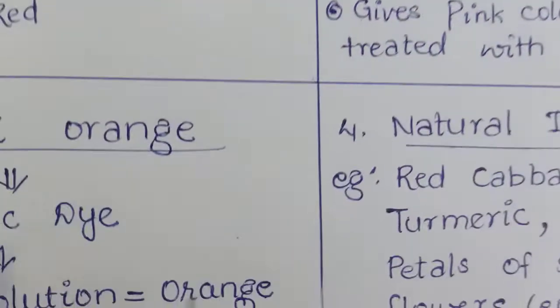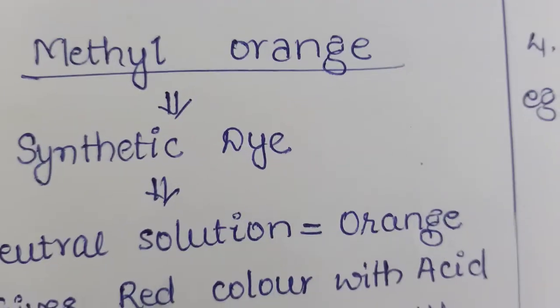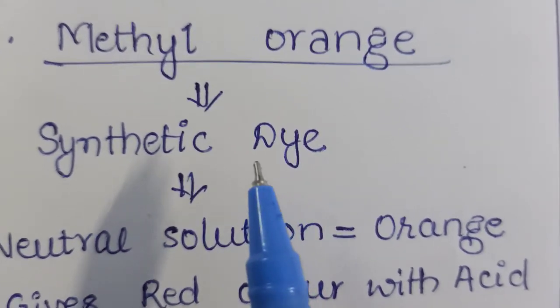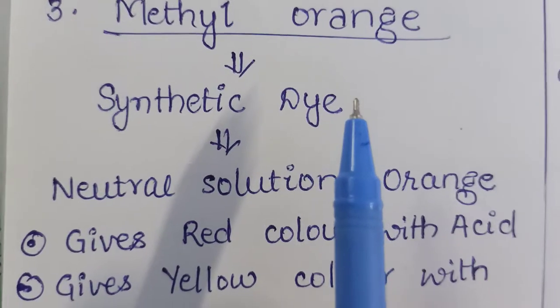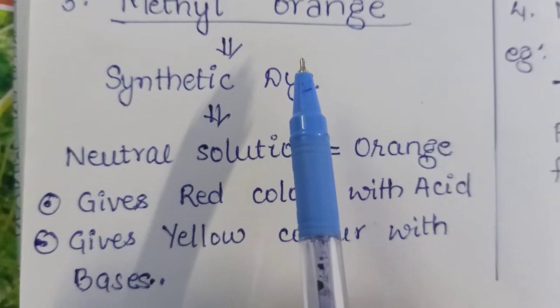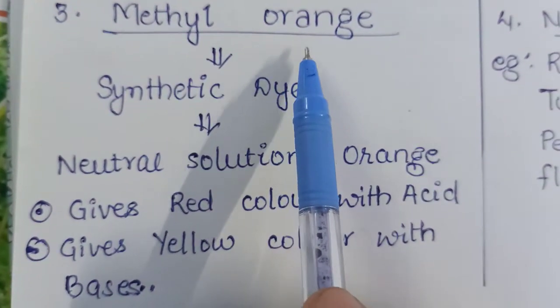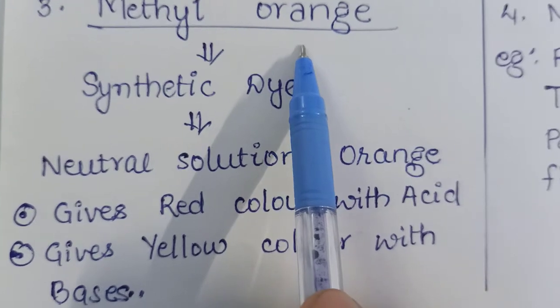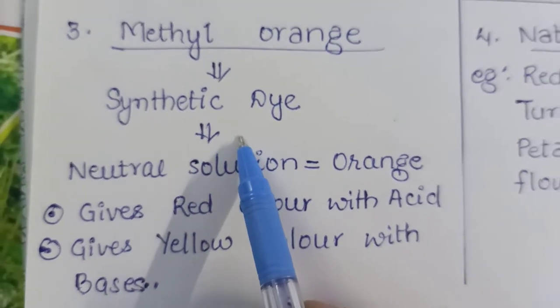Now, the third example of an acid-base indicator is methyl orange. It is also a synthetic dye.